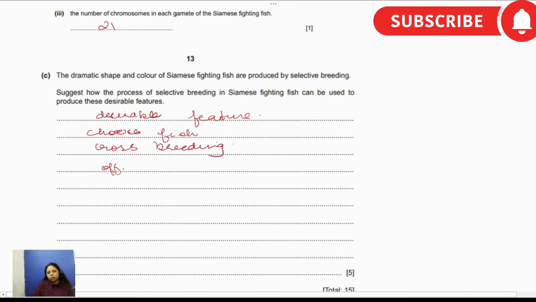Okay. Yes, of course. When they become mature or enough to breed, of course they are going to breed. Okay. And then this is repeated over time, over generations. Okay, we have to mention this as well. So here your 5 points are completed.